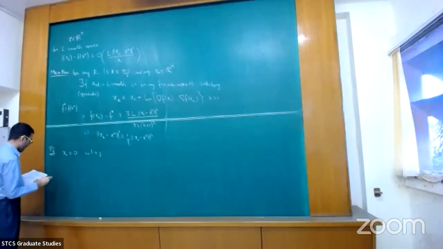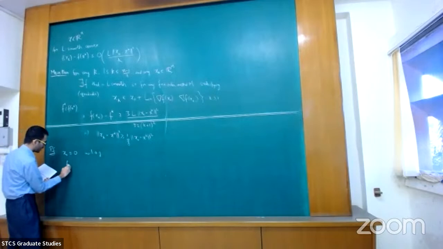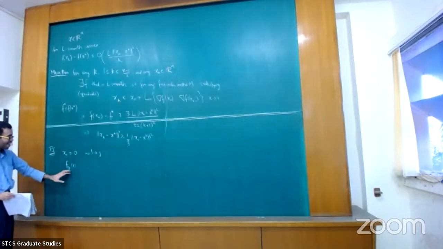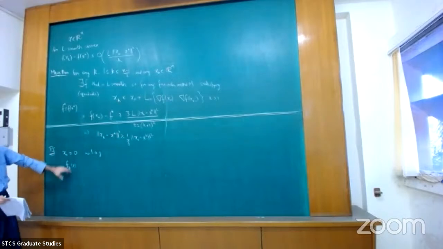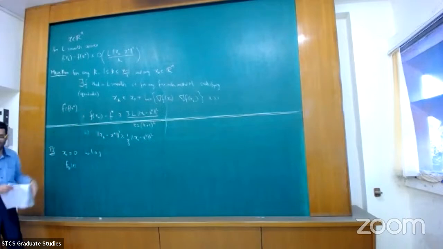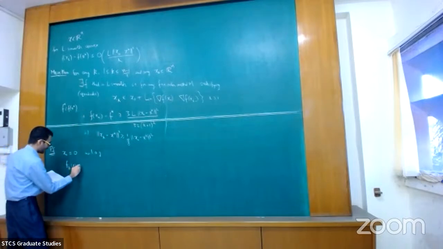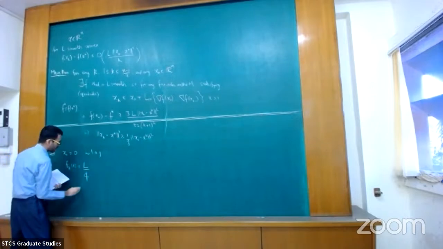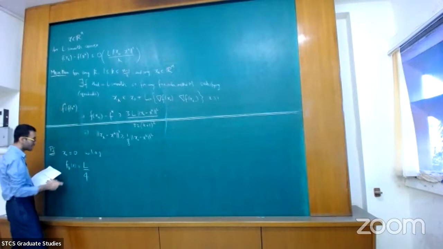And now let me define this fk of x. By the way, just a warning: even though I'm writing fk of x, this fk may not be the same fk as before. They may be related, but not exactly the same. So fk of x is this quadratic. Okay, so L is this L over 4.